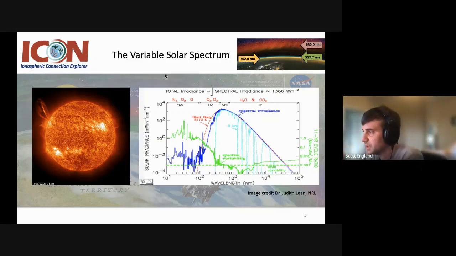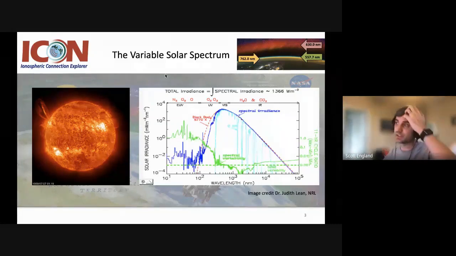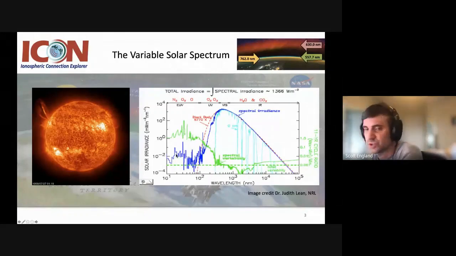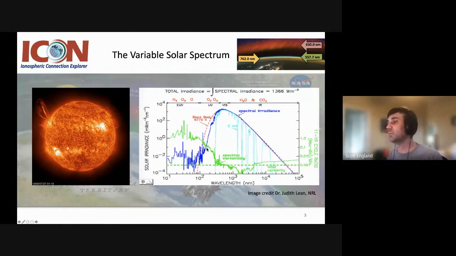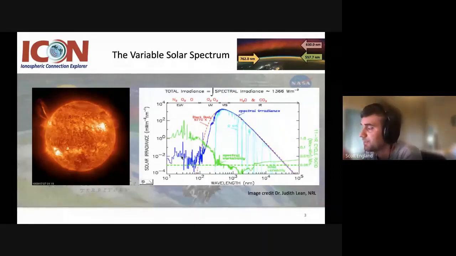When we get to the short wavelength emissions coming from the sun, especially in the extreme UV, so wavelengths shorter than about Lyman alpha, we get a couple of things. Suddenly it's not looking like a black body curve. What we've got is a set of bright emission features, and a lot of variability between solar min and solar max, sometimes a factor of 2, even a factor of 10 at some of these lines.